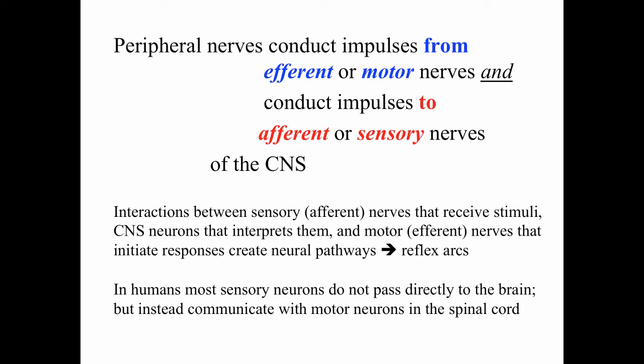And in humans, most sensory neurons that are out in the periphery of the body don't pass directly to the brain. Instead, they communicate with motor neurons in the spinal cord. And you'll appreciate this more as you go through neurophysiology and anatomy next year.